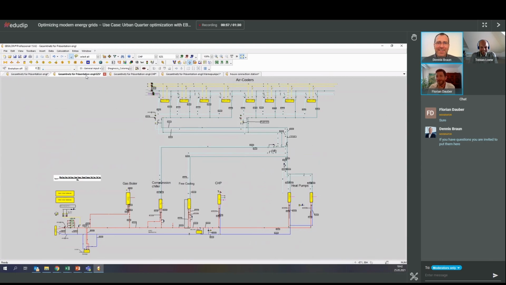It's okay. I think one thing we learned today is that EBSILON can be really easy to start with in the beginning, but you can get into very much detail. It can get complex.